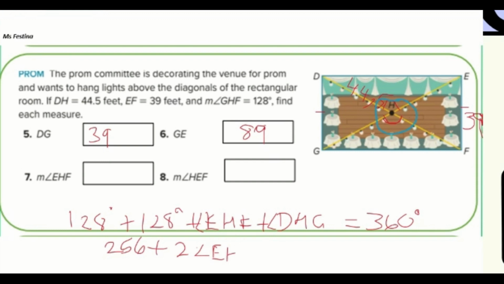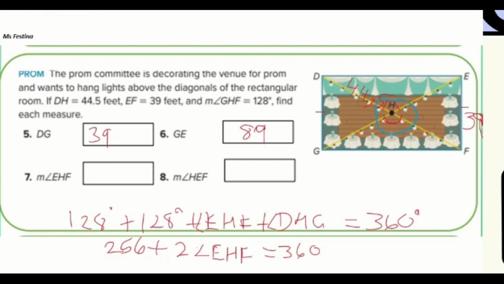Why? Because we know that angle EHF and angle DHG will be equal to each other because they are also vertically opposite angles. So that is why we're just saying 2 times. Then equals 360.